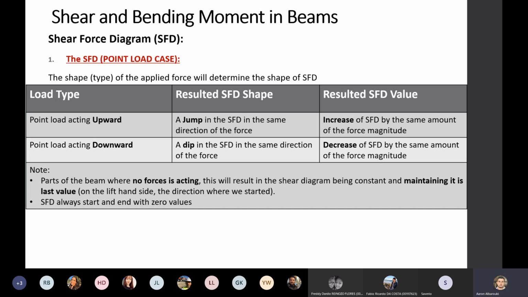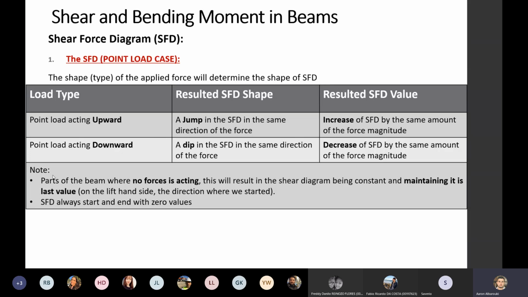So if I have 20 kilonewton upward, the shear force diagram jumps by 20 kilonewton. If I have 20 kilonewton downward, that will cause the shear force diagram to dip by the same value or magnitude of the force.